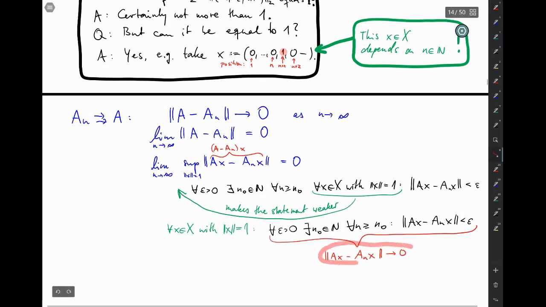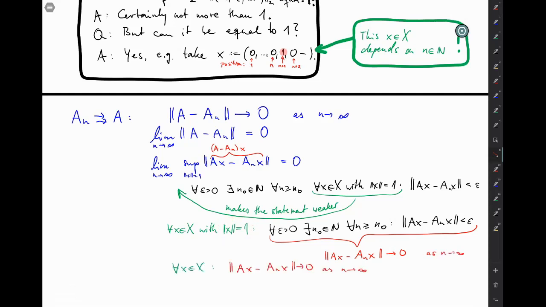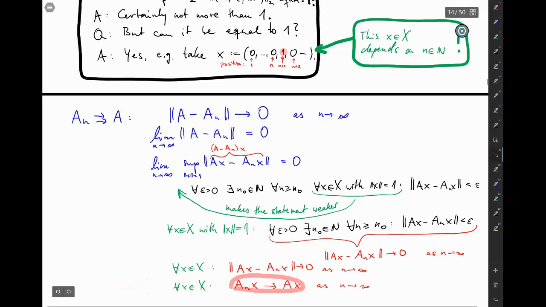Okay, but that statement here is robust under scaling of your little x, so you can just take this condition away here, that the norm of x be equal to 1. Or instead of saying this norm here goes to 0, you could also say this sequence in y converges to that element of y, in the norm of y. But that is what you usually call pointwise convergence, because for every point of x, you have convergence of the images as n goes to infinity.